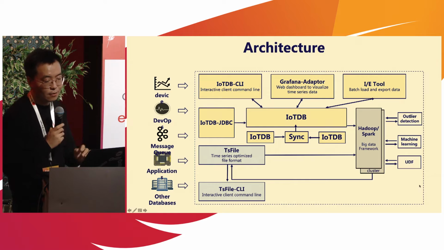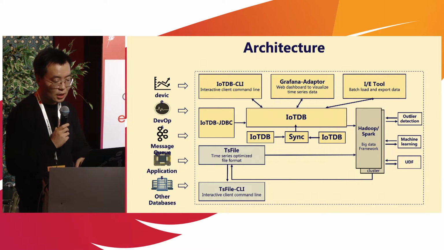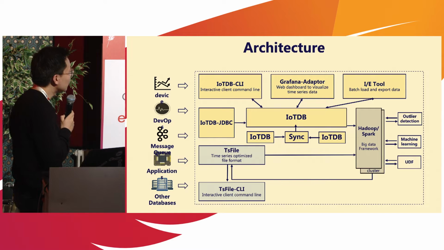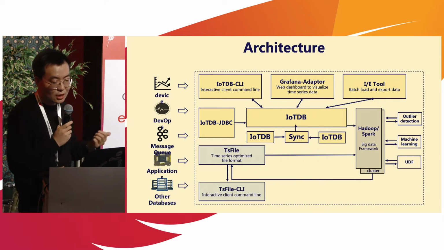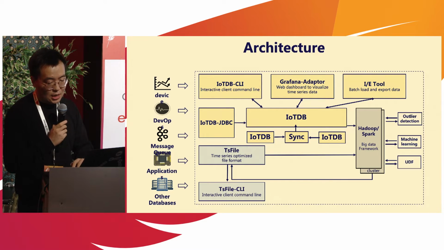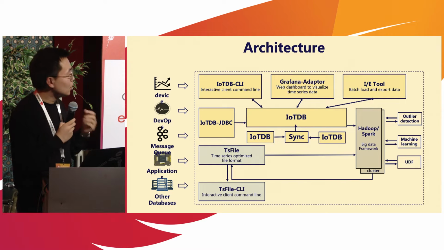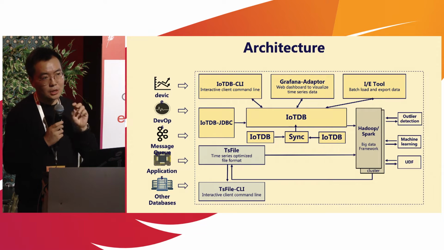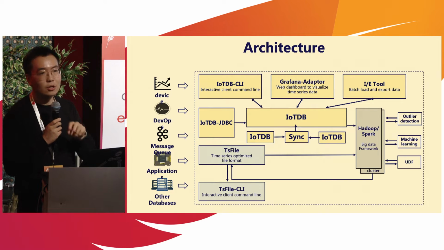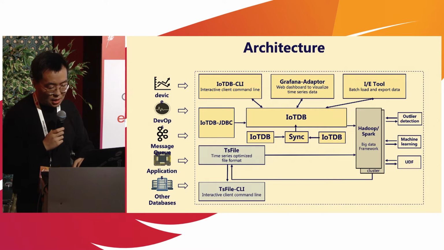This is the architecture of IoTDB. We provide 2 interfaces to users. The first level is the file level interface, shown as a blue rectangle in the picture. Users can save time series data as a file format called TsFile. TsFile is similar to Parquet or RC files, and I will introduce the difference between them.